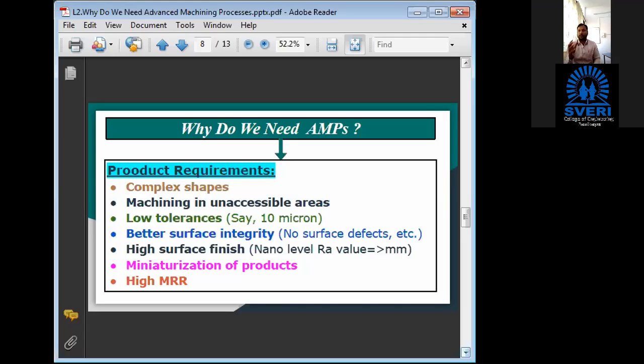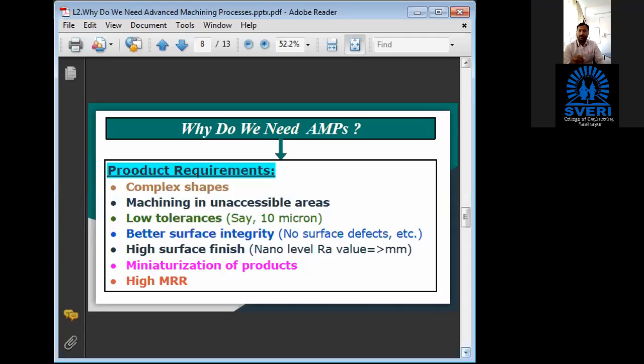Sometimes you may require to machine a component in an inaccessible area, where your tool cannot cut or remove metal using the conventional machine. That may not be feasible for your conventional machine tool.